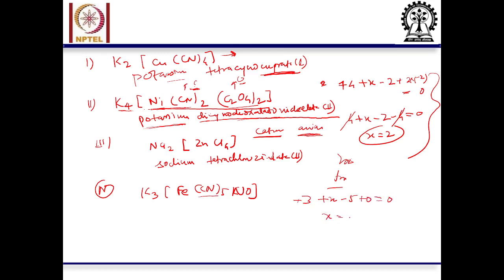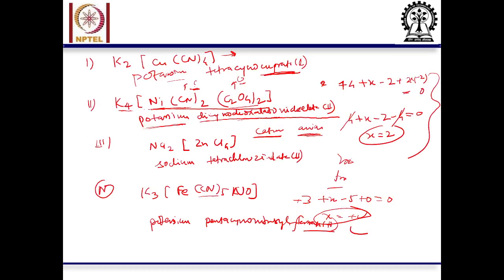So your x is equal to plus 2. So that's already correct. Now potassium pentacyanonitrosylferrate(II). That is correct.